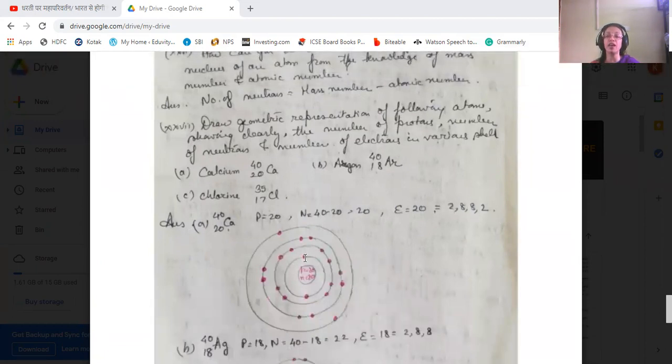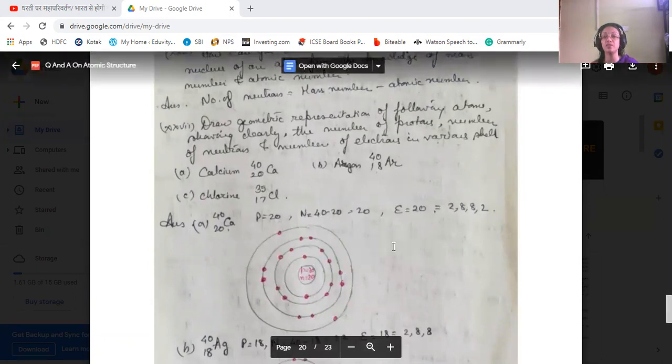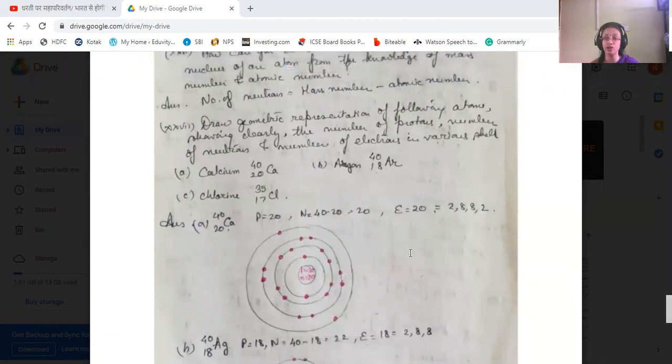The first shell, K shell, will contain 2 electrons, L shell will contain 8, M shell will contain 8 again, and the last shell, that is N shell, will contain 2 electrons. So this is the configuration of calcium, and this is the diagrammatic representation.